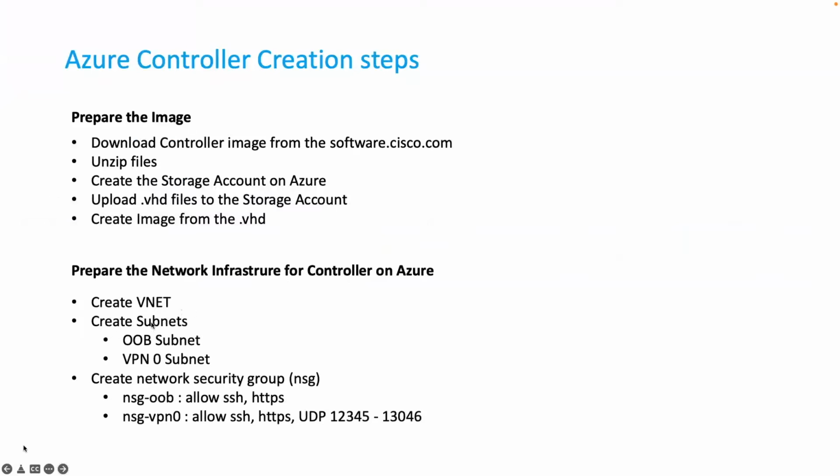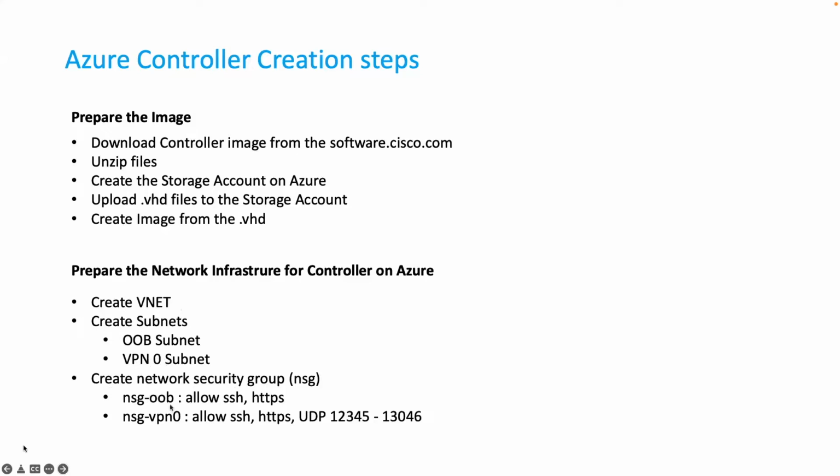Inside the same VNet, we have two subnets there, our band subnet and the VPN0 subnet. And because the controller needs to contact the other edges and the internet, we need to have a network security group.